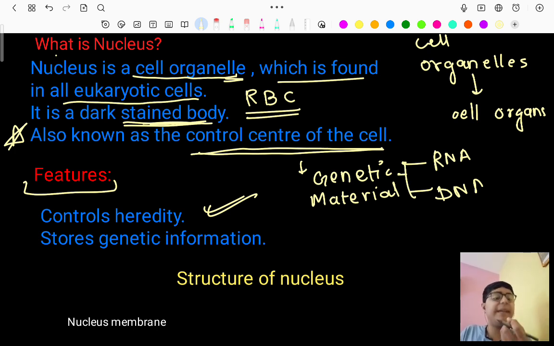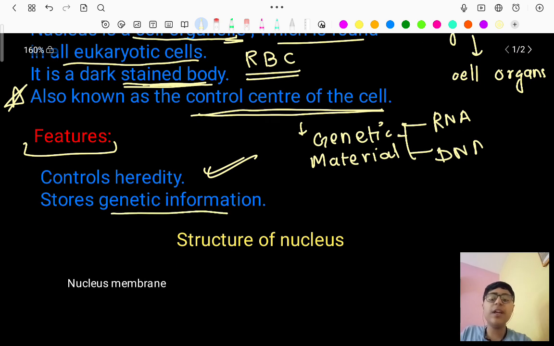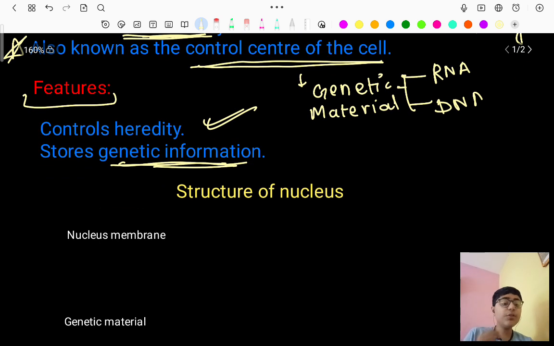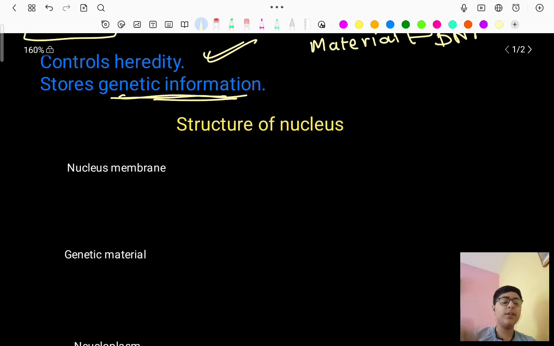They are the genetic material that our nucleus has in it, so it stores genetic information. What controls heredity? It's DNA, it's the gene. As it stores the genetic information, it controls heredity. It leads to variation in the cell, in the organism, in the human being.